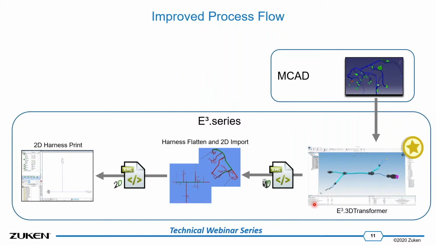Once we have that information in the E3 3D Transformer, you have the capability of extracting it with this tool, and we'll talk a little later about how that process is much faster. You would export the XML information and follow through that same flattening process, ultimately getting to our end goal of a manufacturable 2D print harness.